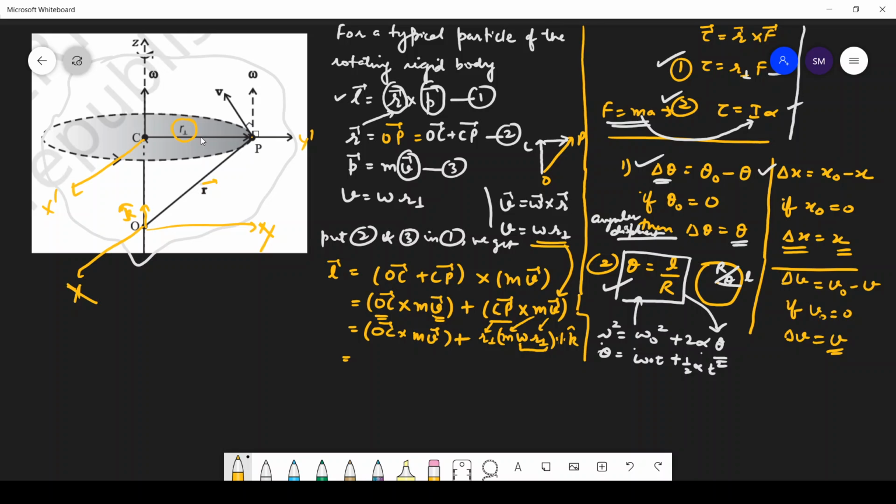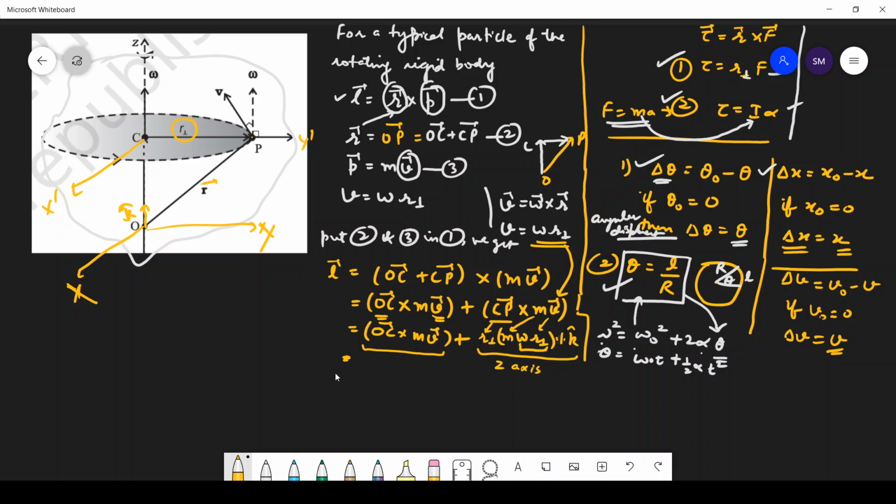So definitely this is not along the z-axis. This is along the z-axis, but this is not, because OC is already along the z-axis. So this resultant is perpendicular to the plane containing the vectors. Let us see to it.